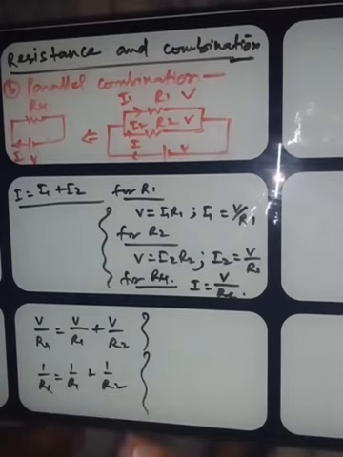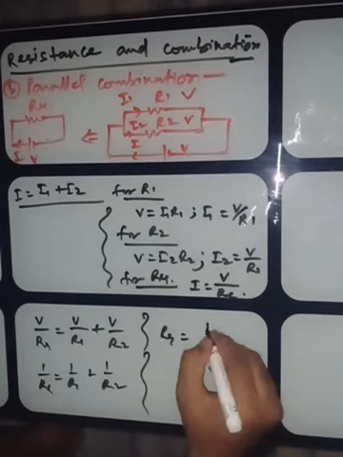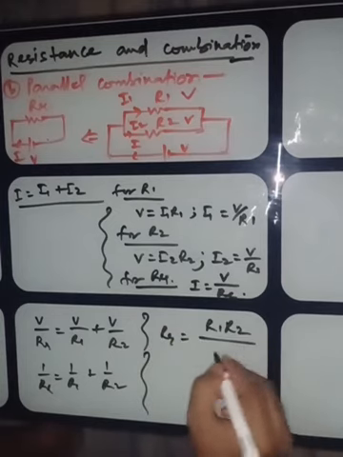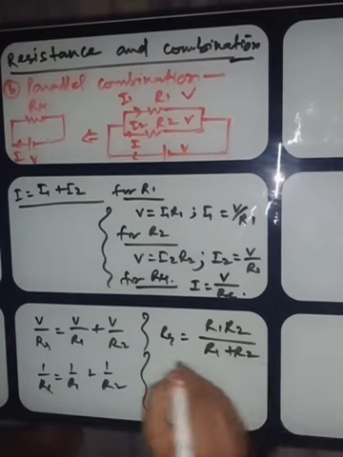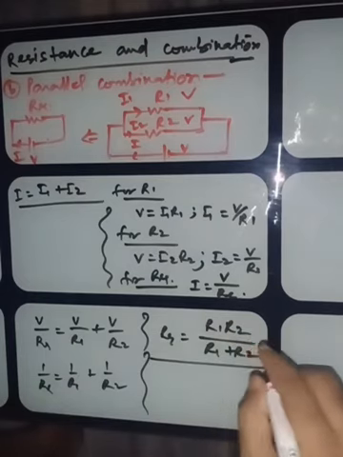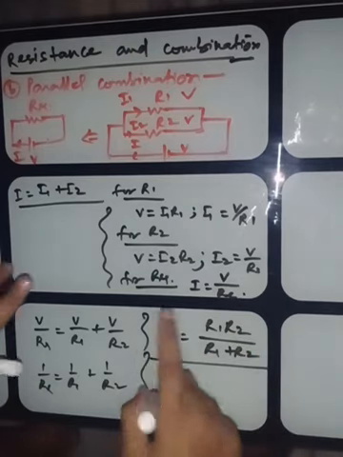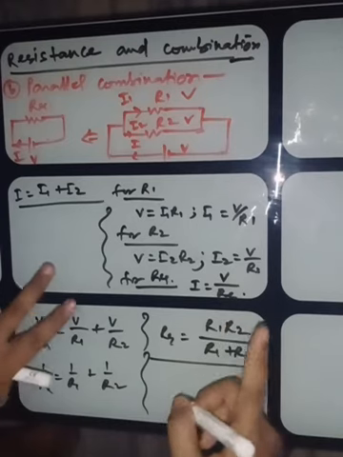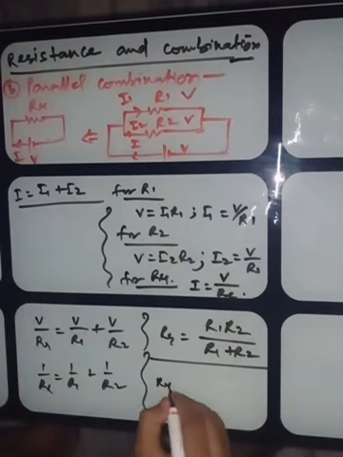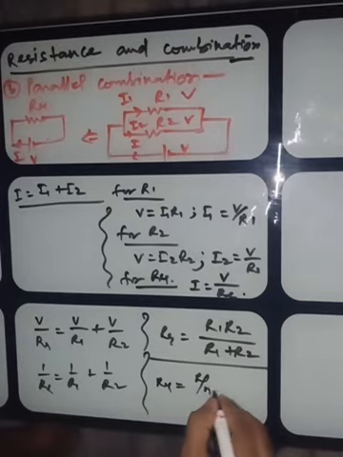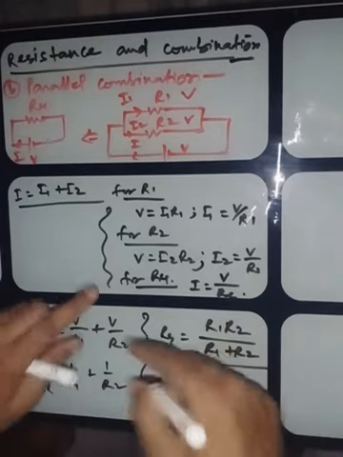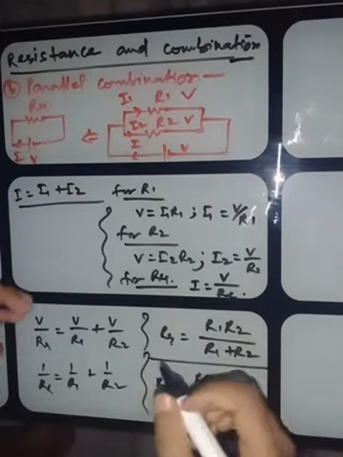That is, R equivalent will be R1 R2 divided by R1 plus R2. For n identical resistors connected, R equivalent will be R by n. And in series it was n times R, my dear student.